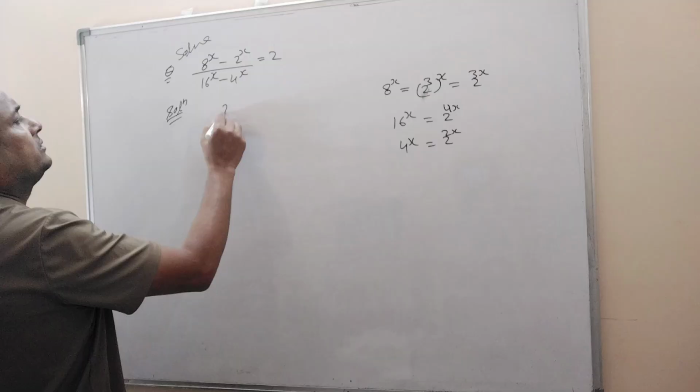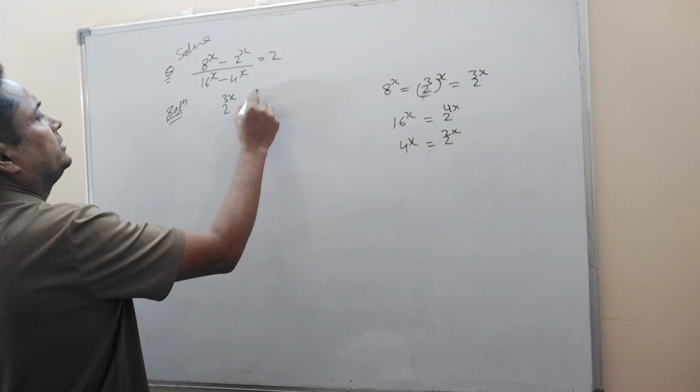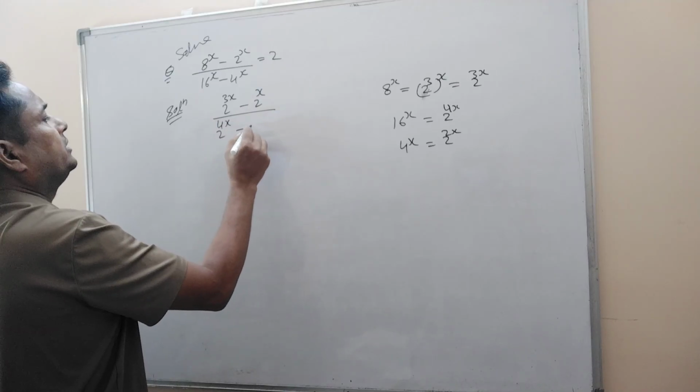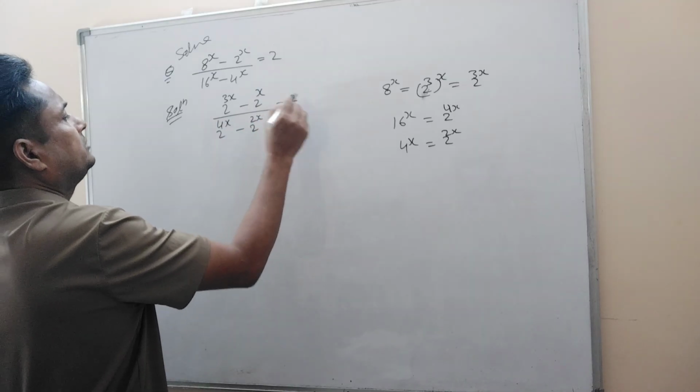Now write down here. So this will be 2 to the power 3x minus 2 to the power x divided by 2 to the power 4x minus 2 to the power 2x is equal to 2.